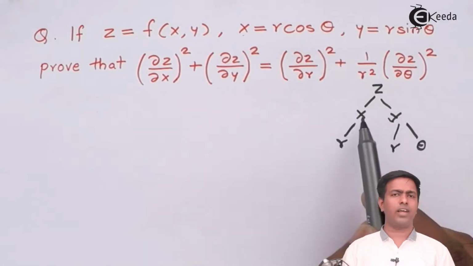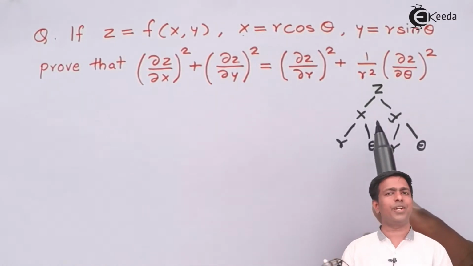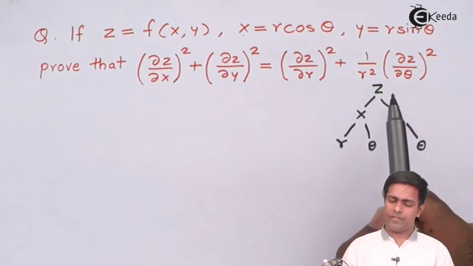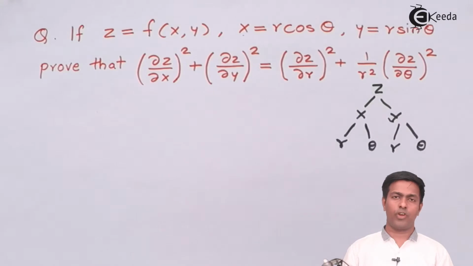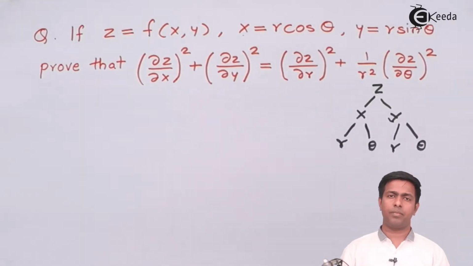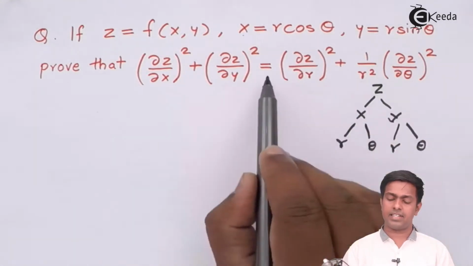So what are x and y? x and y are the intermediate variables. So we are going to find del z by del r and del z by del theta, because that gives us the relationship between dependent and independent variables. So it means I'll find the right hand side first.